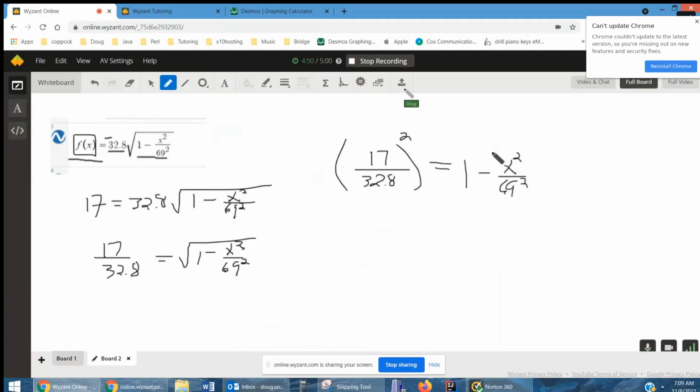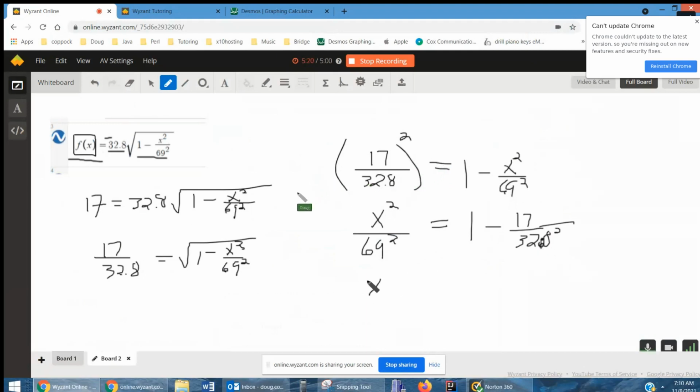So I'm going to transpose this minus x squared over 69 squared to the left side of the equal sign, and then move this term to the right by subtracting it. That's 32.8 squared, not times.